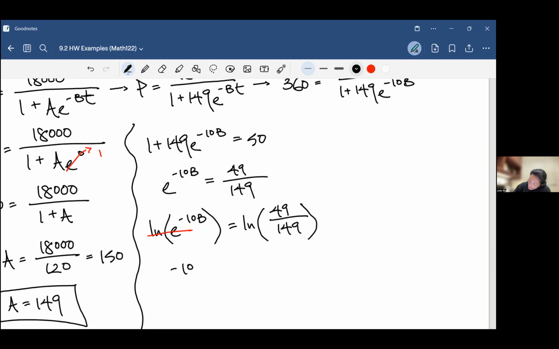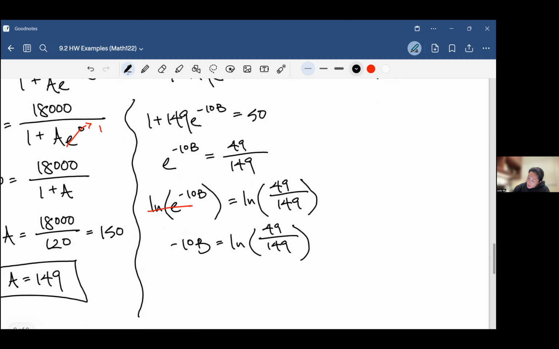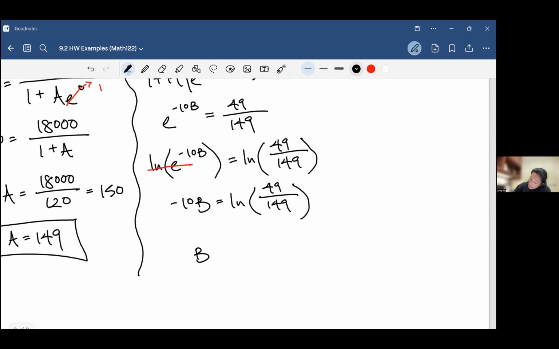I get negative 10b equals natural log of 49 over 149. And now when I divide by the negative 10, natural log of 49 divided by 149, and then that whole thing divided by negative 10, gives me 0.1112 for my B value.